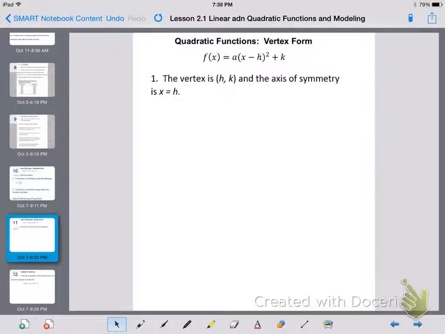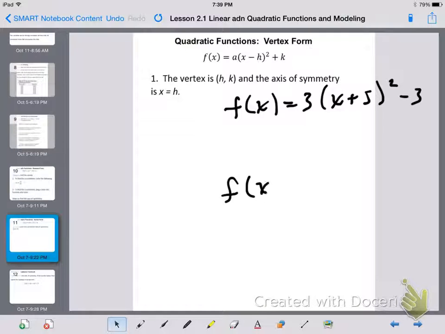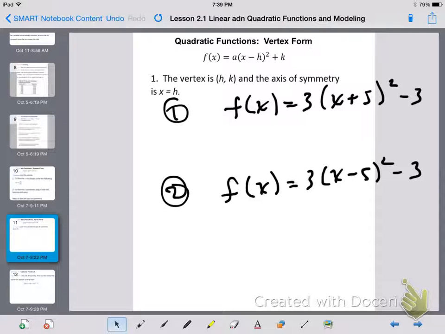The thing you want to remember about vertex form: if I have something written in vertex form, let's just say f of x equals 3 times x plus 5 squared minus 3, and f of x equals 3 times x minus 5 squared minus 3. Alright, so both of these are written in vertex form.